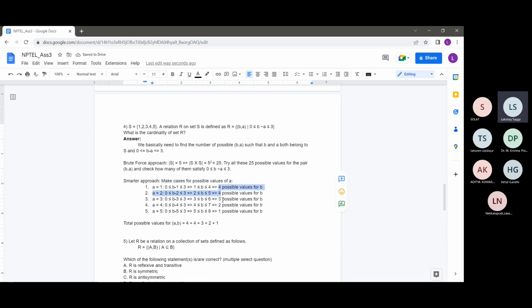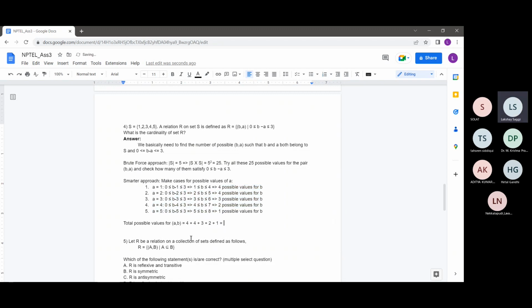Why are we taking the sum of all these values and not the product? Because we have divided the possible values into disjoint cases. So when finding the total answer, we just have to take the sum over these disjoint cases, right?